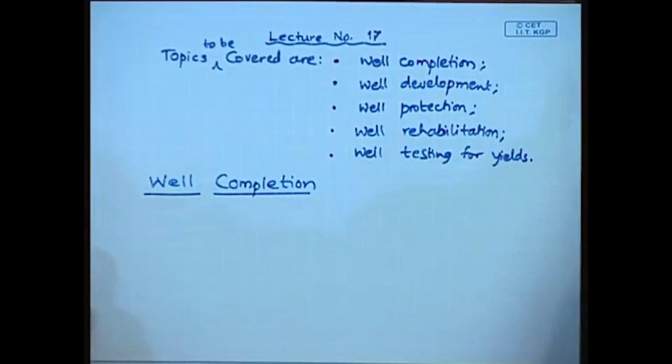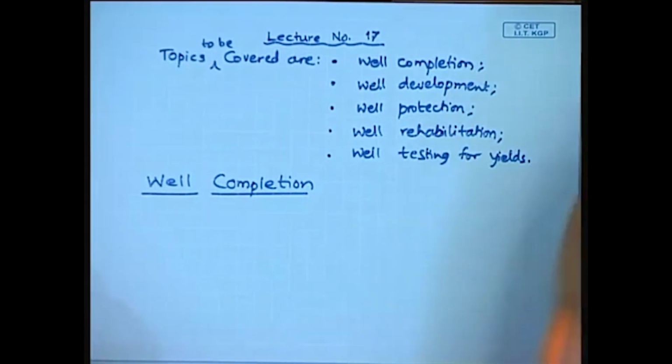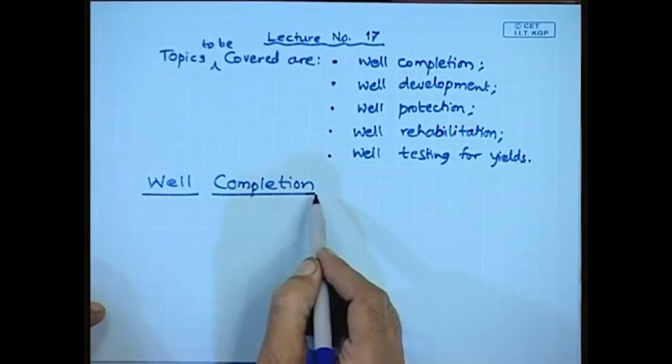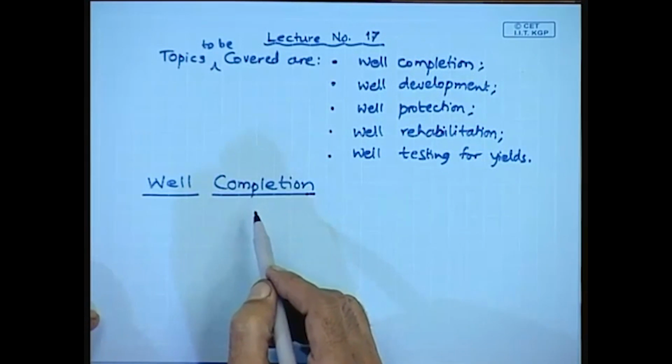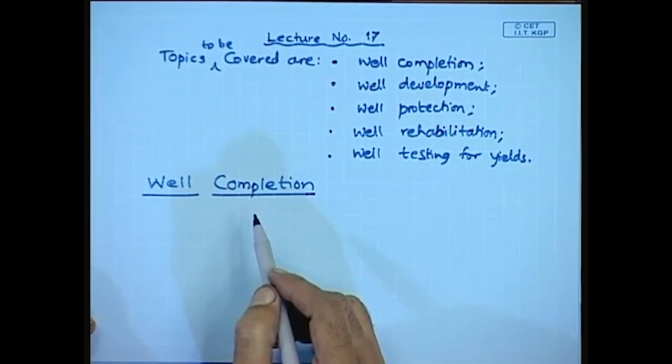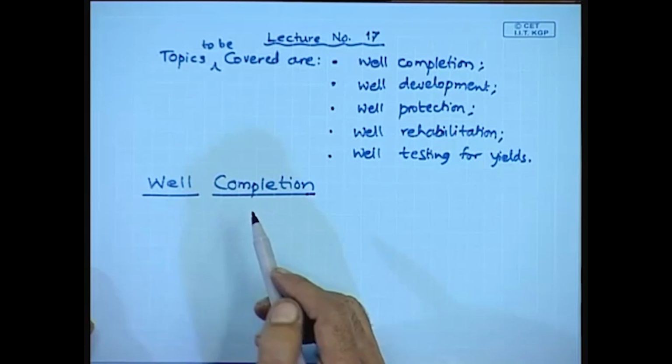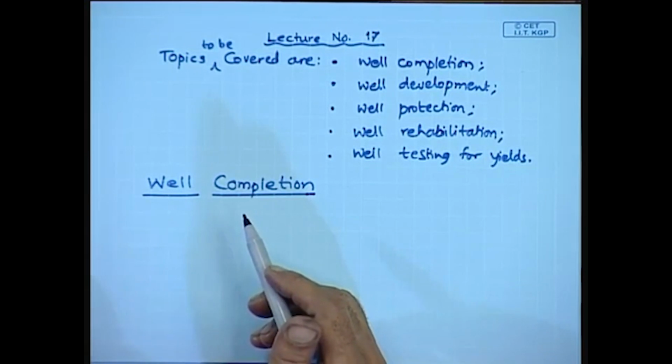So, this well completion is the process in which basically a permanent nature of the well is established. Whenever a well is dug, we are disturbing the land profile by drilling a well, so that we can harness groundwater.